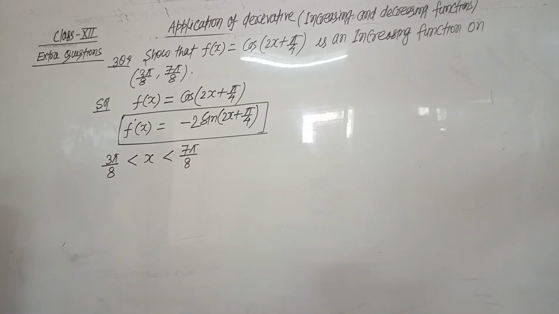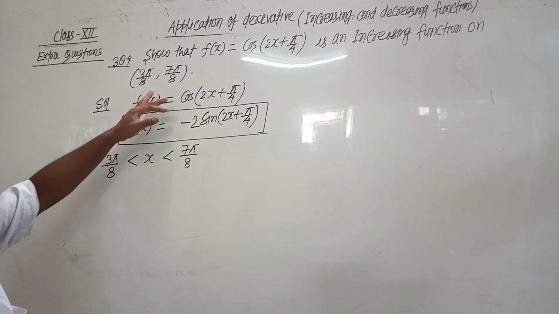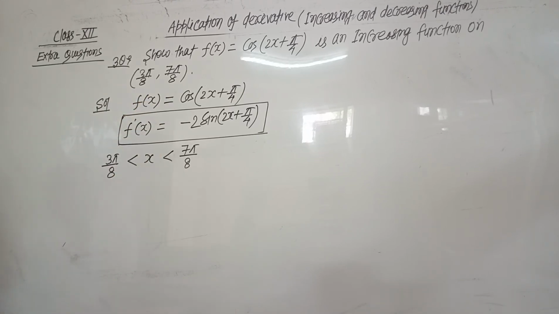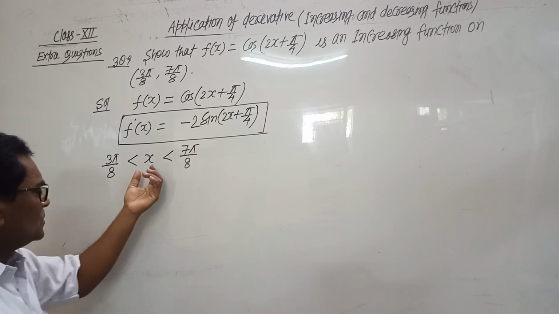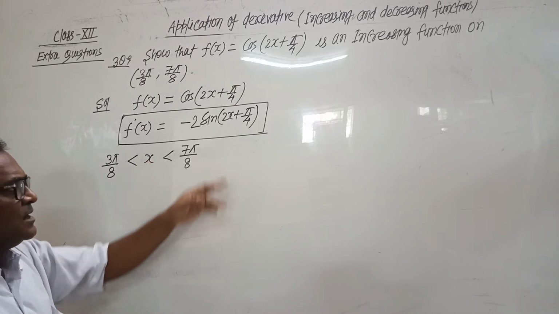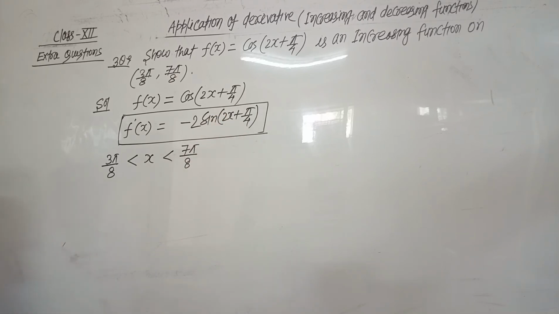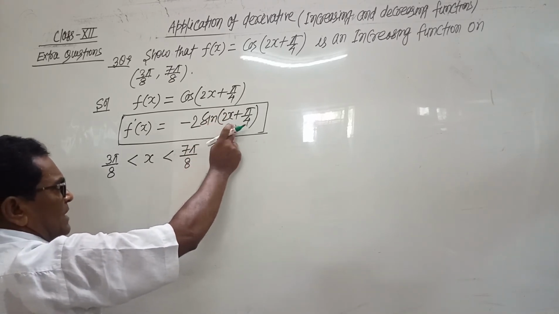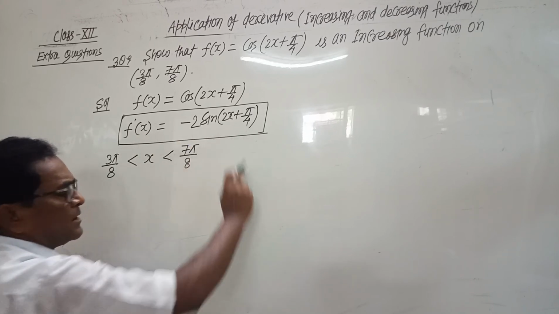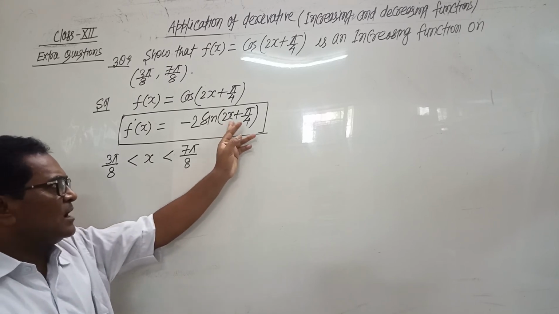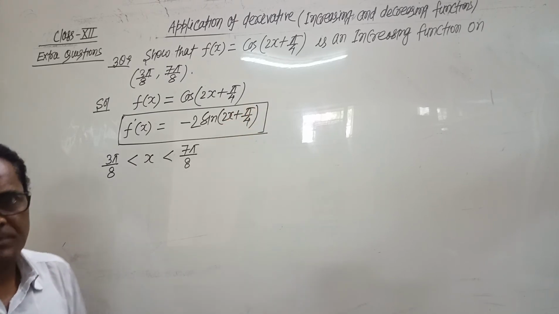We have to express this x in terms of 2x plus pi by 4, because in our expression of the derivative, at the place of the angle theta, we have 2x plus pi by 4.